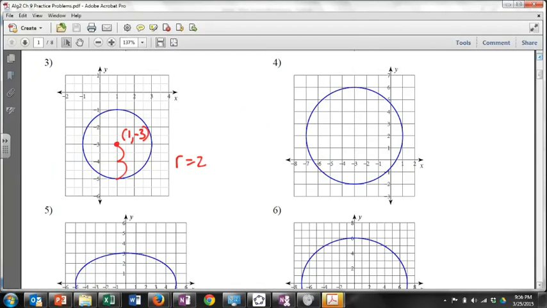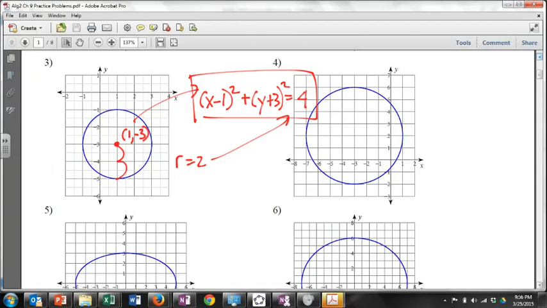R is equal to 2. So based on this center, our equation will be x minus 1 quantity squared plus y plus 3 quantity squared is equal to the radius squared, which is 4. And that's our solution for number 3.